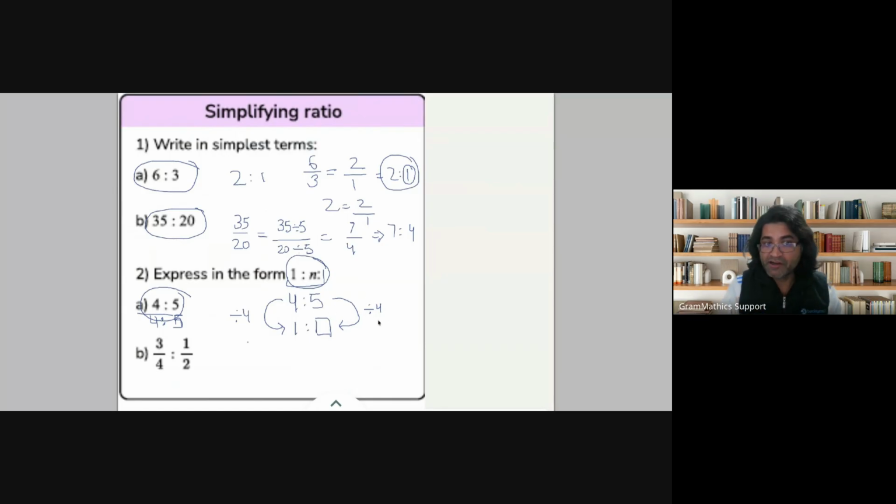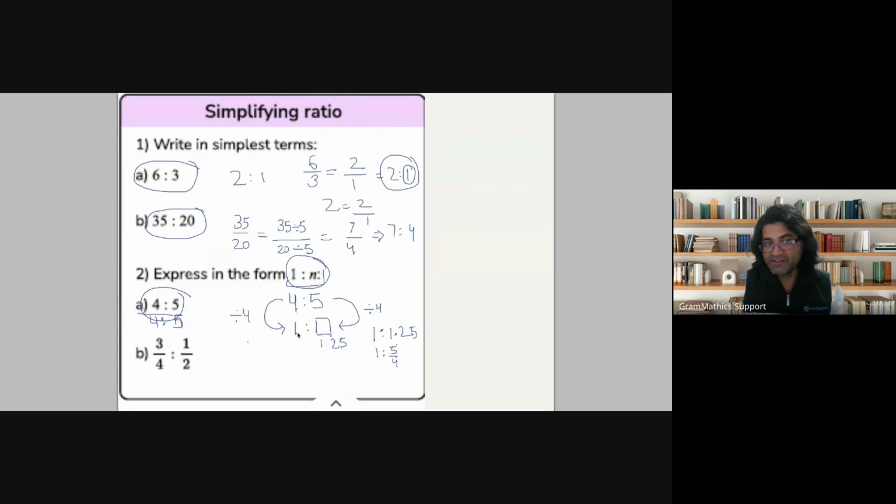So 5 divided by 4, if we are supposed to give the answer in terms of decimal, I will know that 5 divided by 4 is going to give me 1.25. So my answer can be 1:1.25. My answer can also be 1:5 by 4. Look, 5 by 4 is nothing but 1.25.